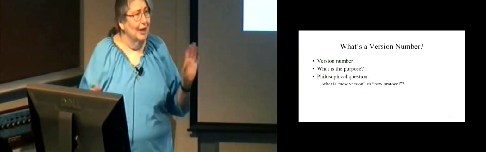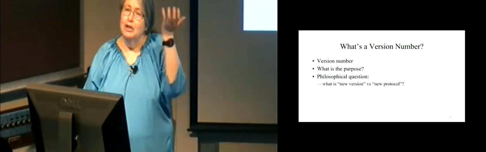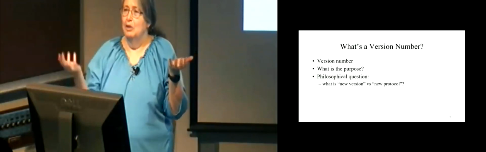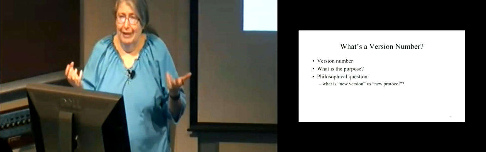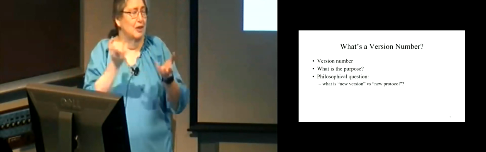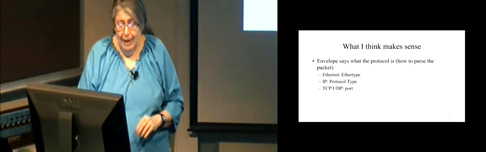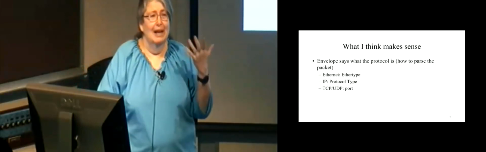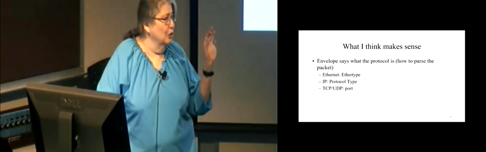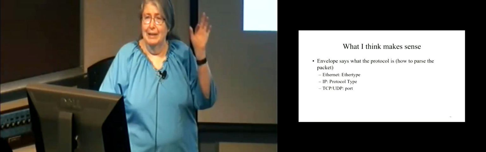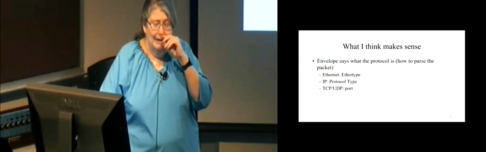In order to start answering that, there's a philosophical question, which is what's the difference between a new version of a protocol and a new protocol? Is CLNP a drastically different thing, whereas IPv6 is just a new version? Most things have a field in them, like Ethernet has a field called ether type, and IP has a field called protocol type, and TCP and UDP have a field called port.